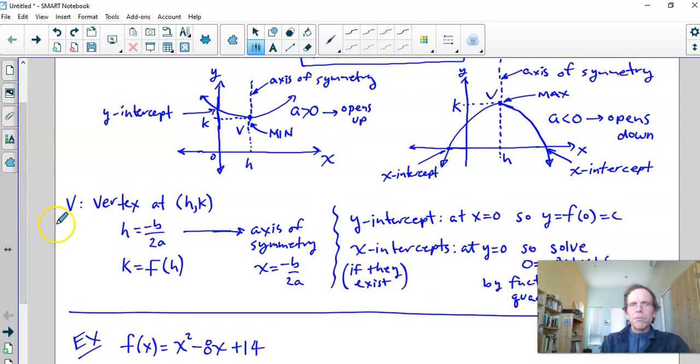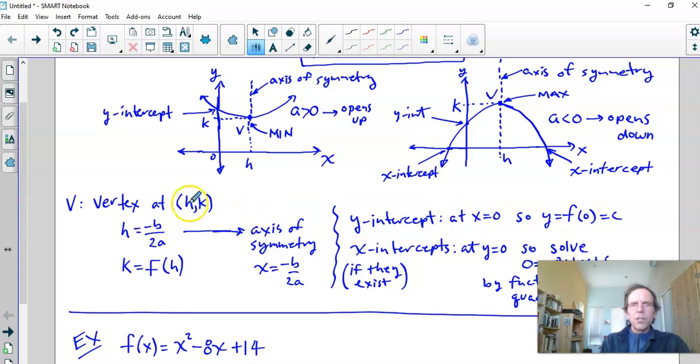All right. Other important places on these graphs. The y-intercept. I see I didn't label this one. Here's the y-intercept for this graph. It's the place where the graph crosses the y-axis, right? And how do you find that place? Well, at that point, the x value is 0.